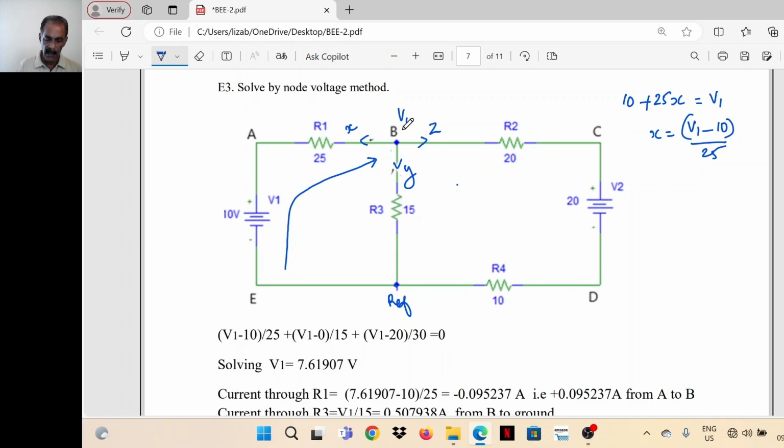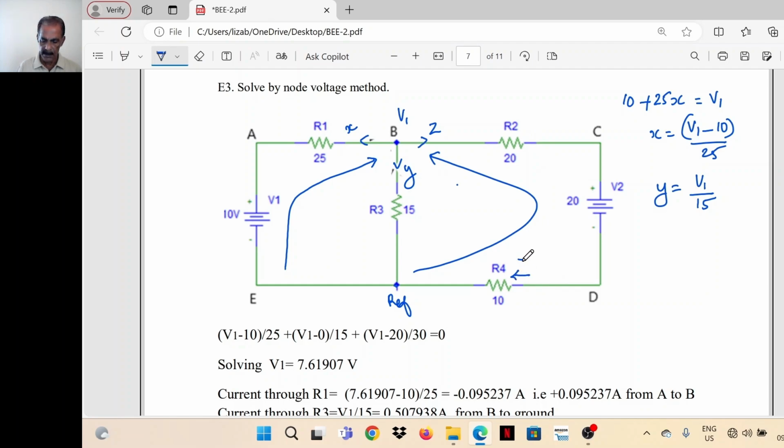And Y: there is only one element in this path. So Y is equal to V1 minus 0 divided by 15, or V1 divided by 15. Z can be found from the equation for the third path. Z is from B to C, C to D, and D to reference, so Z is in a direction opposite to that of the current through R2 as well as R4.